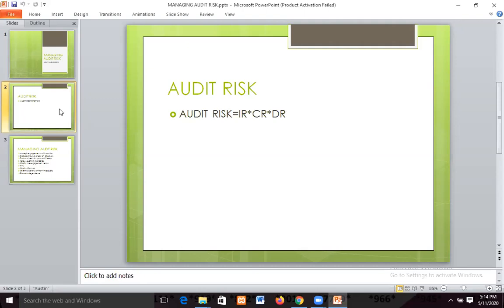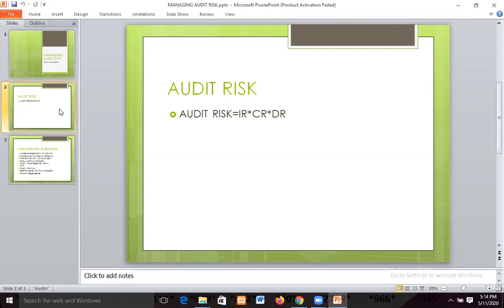Detection risk comes as a result of the actions or inactions of the auditors: the choice of a wrong sample, wrong interpretation of an audit test, choosing wrong audit procedures, interviewing the wrong set of people, not doing enough in terms of preparation. All those can lead to detection risk.